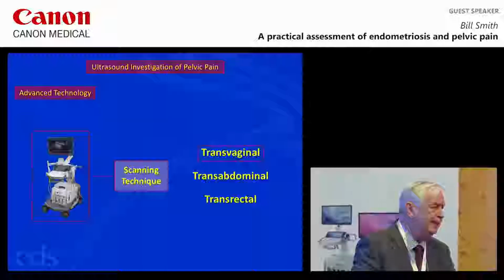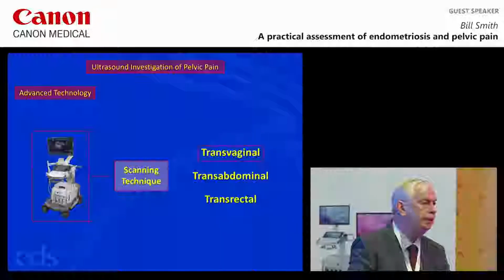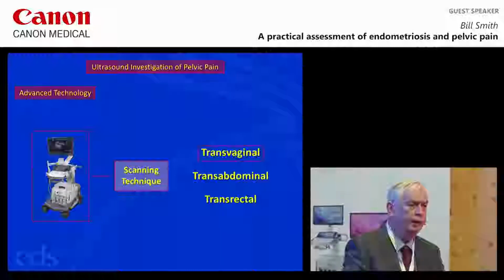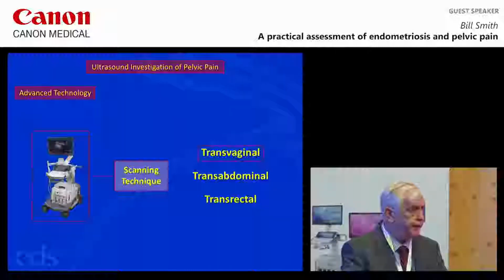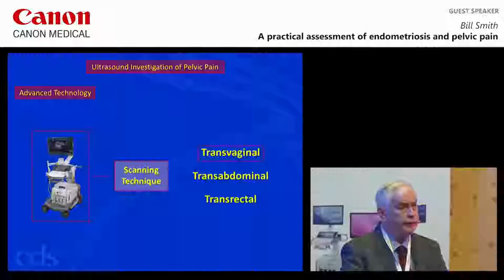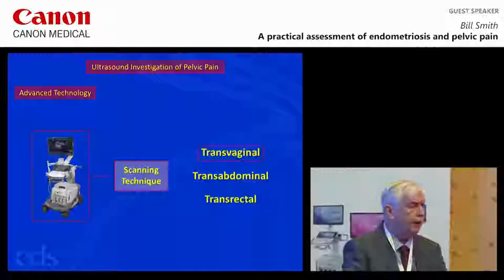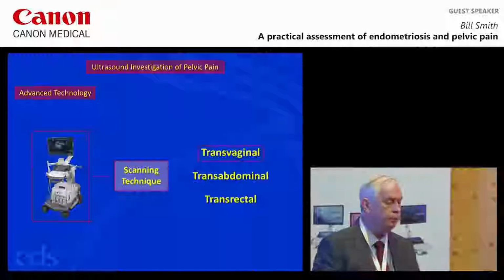Remember, gynecological disease is not confined to the pelvis, so there's still a very important role for transabdominal scanning. And really, if we're not competent at renal scanning, liver scanning, abdominal aorta, bowel, etc., we're not competent at gynae scanning. We have to adopt this flexible approach and be competent.